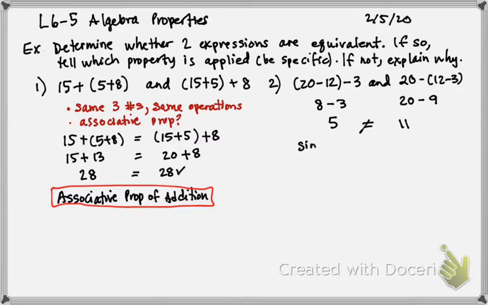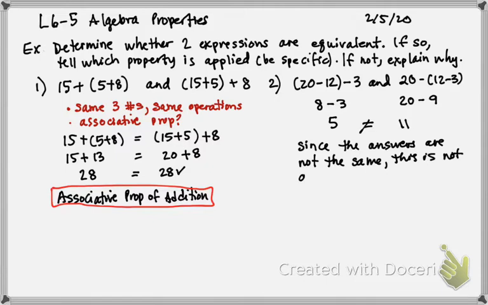So since the answers are not the same, this is not a property. Because remember, properties have to be always true. So what we can conclude from this is there is no associative property of subtraction. Voila, now we have an answer.